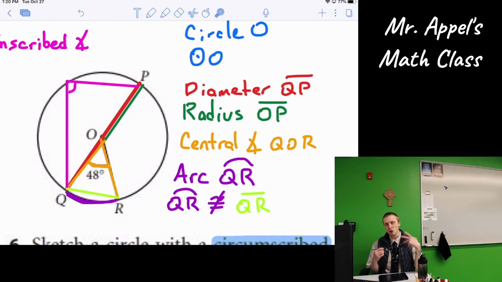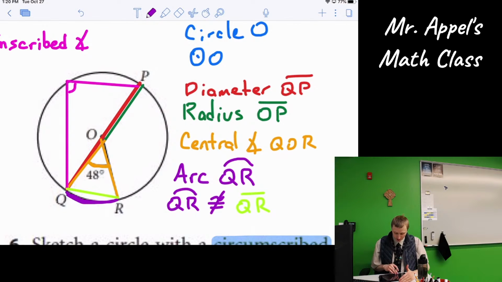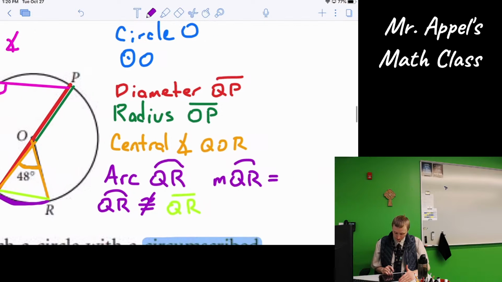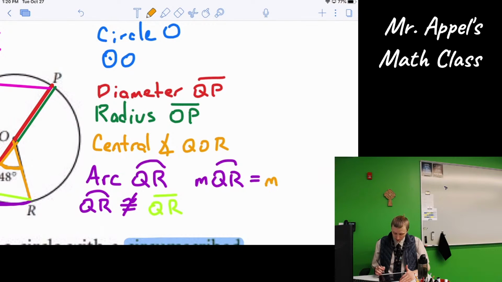And we define how much of the circle that arc is by its arc measurement. And the measure of this arc is equal to the measure of its central angle.